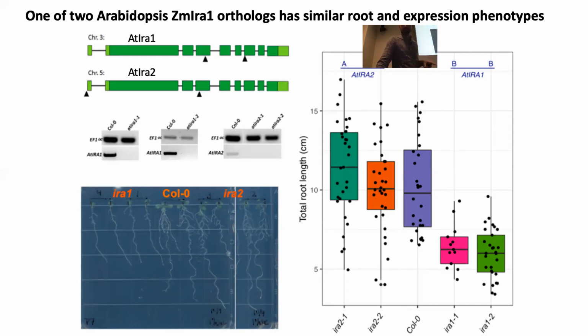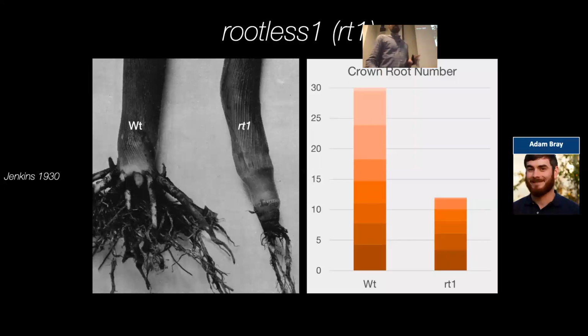So pay attention. This story is a little bit more up my alley. This is back to maize genetics. This is a project of Adam Bray. This was a mutant found in 1930, published by Jenkins, found in a farmer's field. And you can see here, it makes almost no nodal roots.